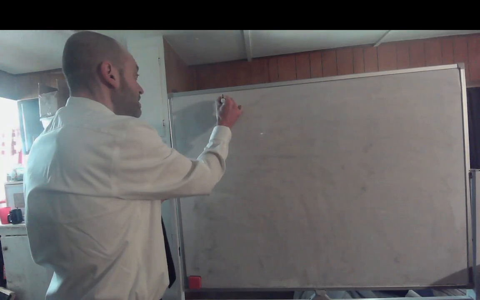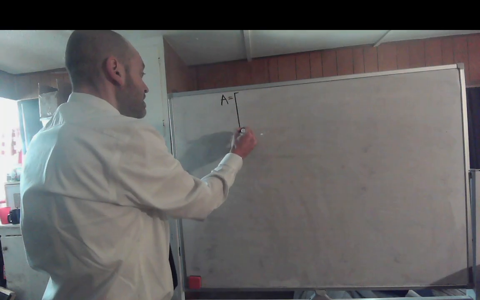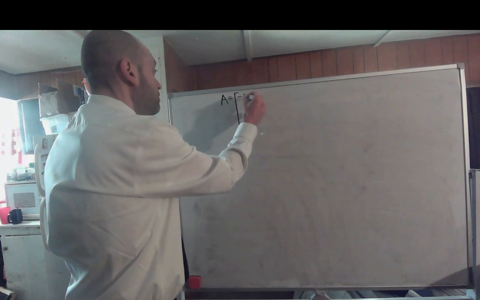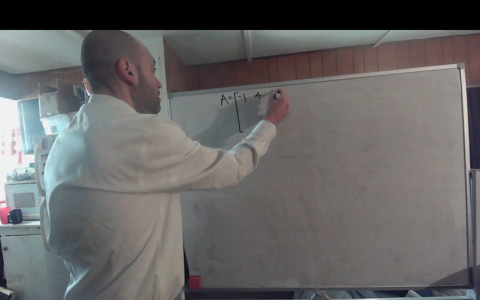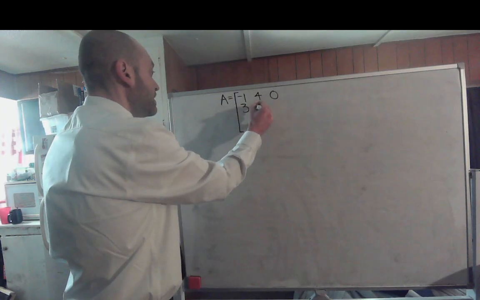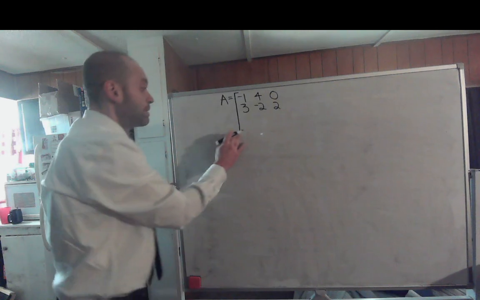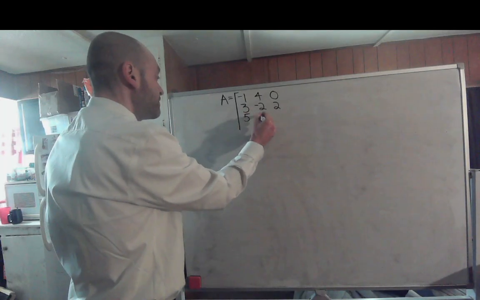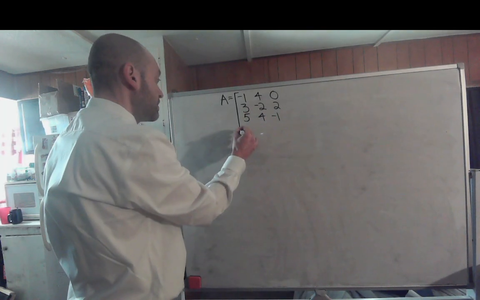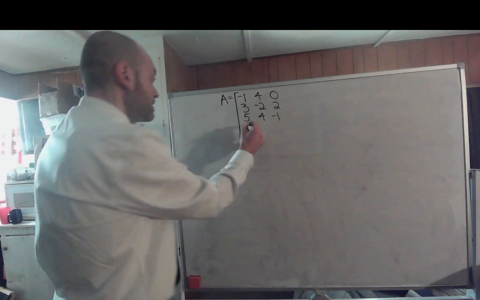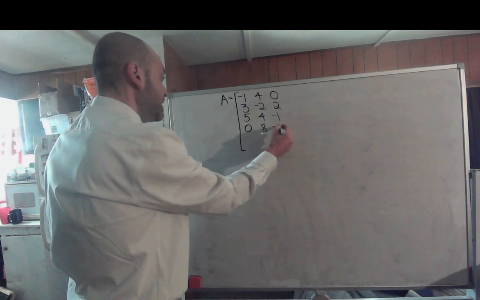Let's see here. Matrix A is going to be some big matrices. We got negative 1, 4, and 0. 3, negative 2, and 2. 5, 4, negative 1. 0, 8, and negative 6.